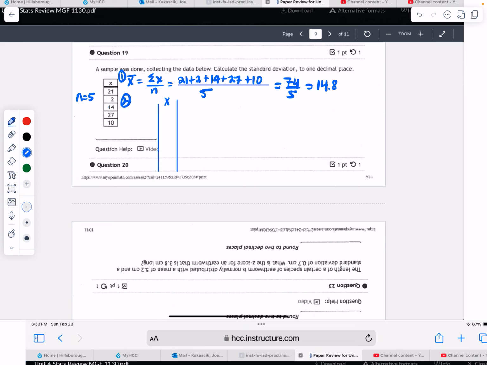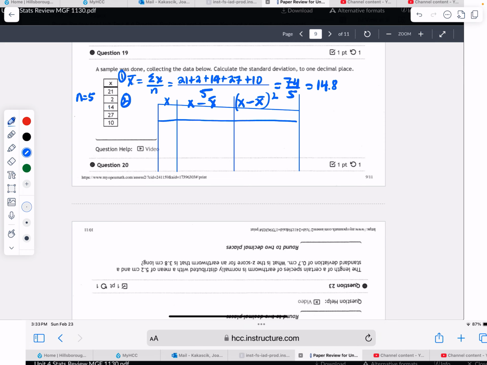Here are my x values, and I'm going to do x minus x bar, and then x minus x bar quantity squared. I'm going to need 5 rows because I have 5 values.